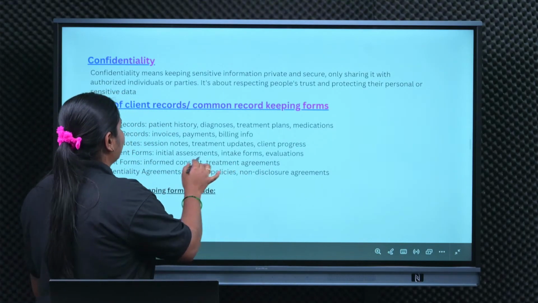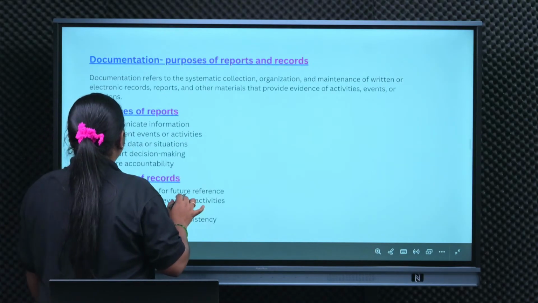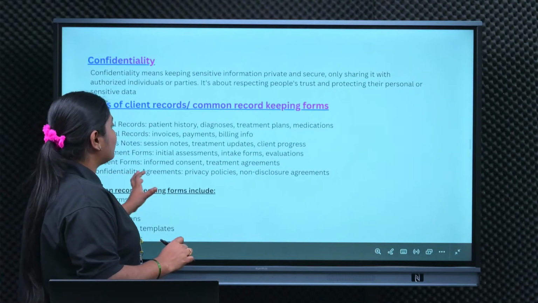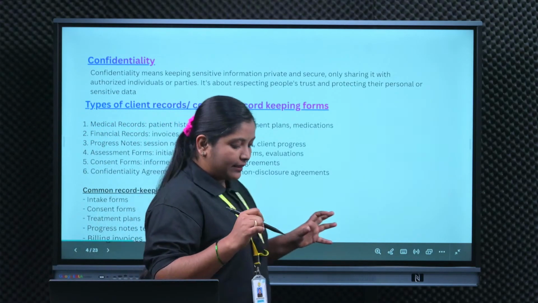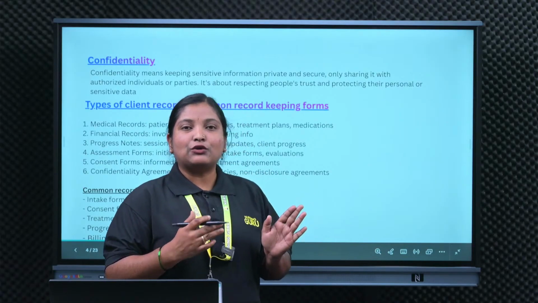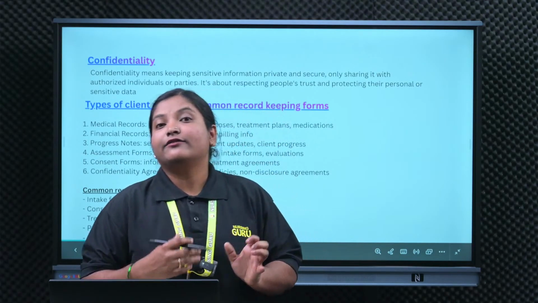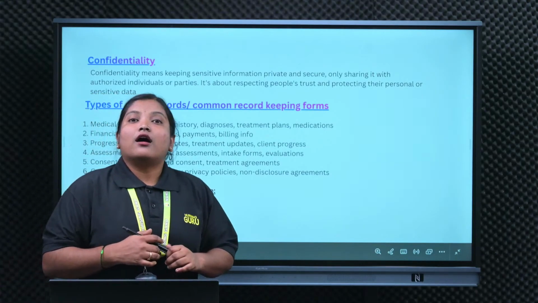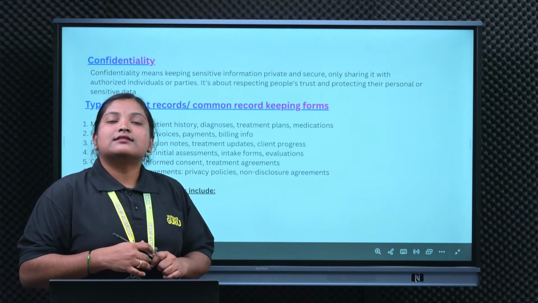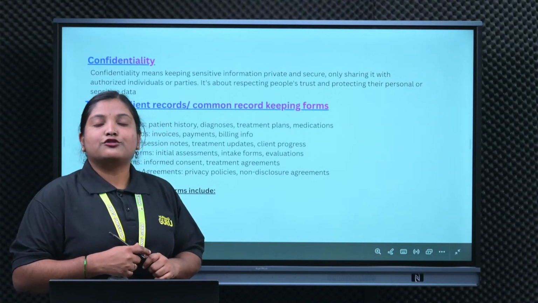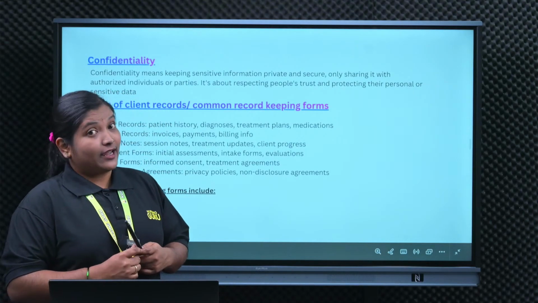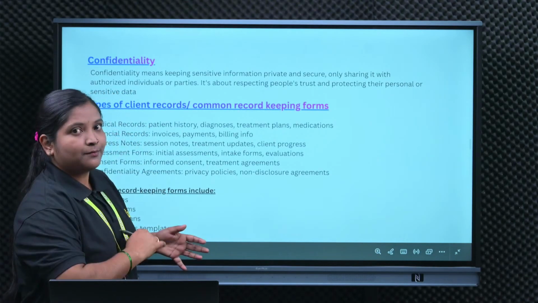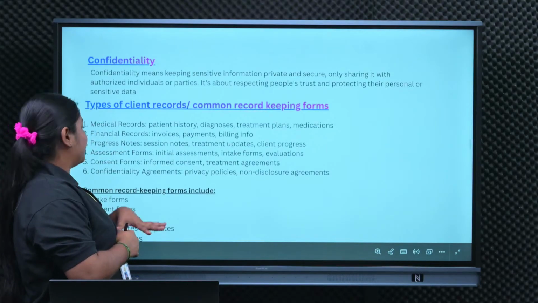This is all about confidentiality agreements, we should not disclose in front of anybody else. We are going to secure the things which are very confidential, maintain them secretly, and we should not tell in front of all the people. We can only discuss in front of the authorized person. We should not disclose the authorized person's information or data to other people. Okay, so this is all about this one.